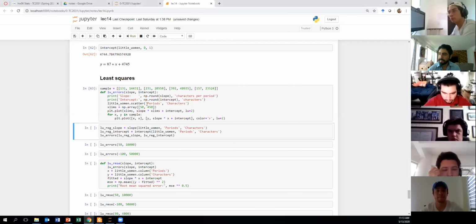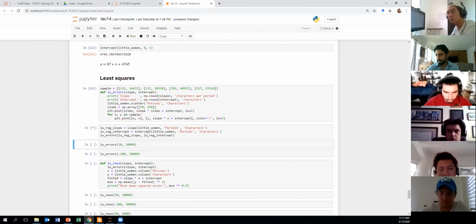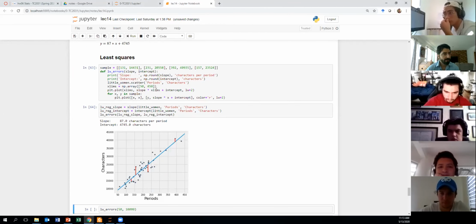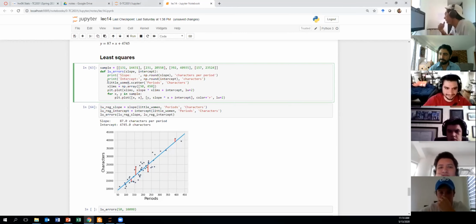So again, I have these functions here. I'm not even talking anymore about the code, you can just look at it. What it does is look at my little woman data. I'm going to scatter the little woman data, draw my regression line or my predictions, then calculate the errors, as you can see here.